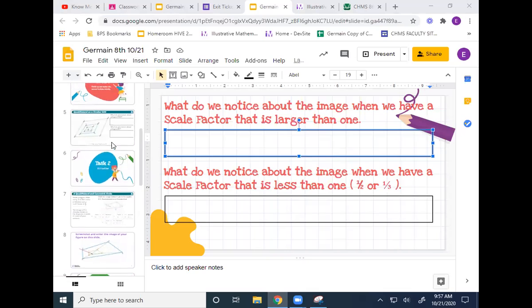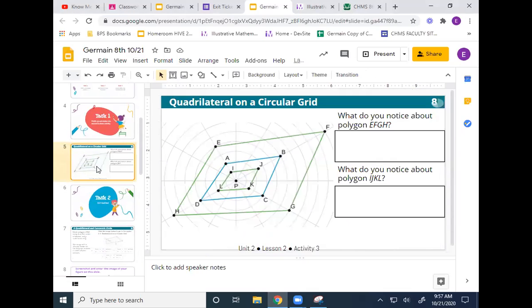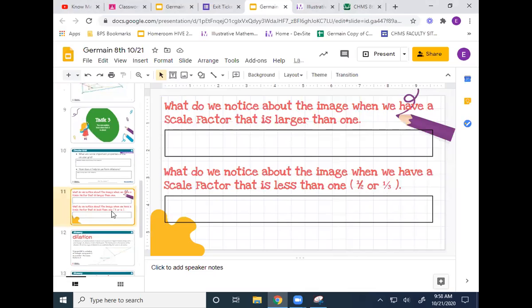So let's take a look back at the examples from our slide number 5 here. We said that this shape on the outside here was created with a scale factor of 2. And then we said that this smaller shape that fell inside here was created when we had a scale factor of 1/2. So what do we notice happens when we have a scale factor that's larger than 1, Mateo?